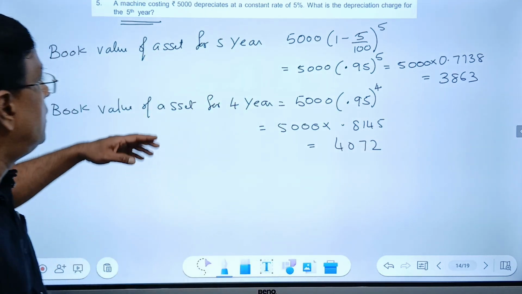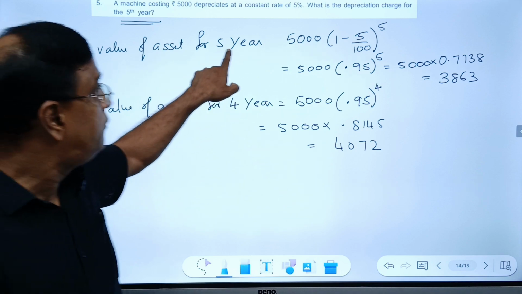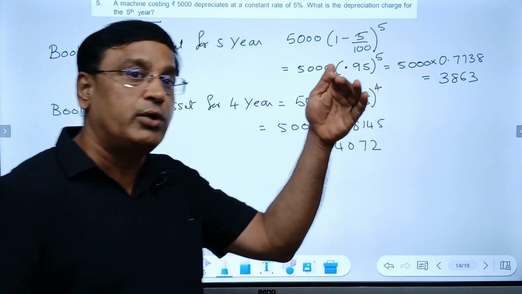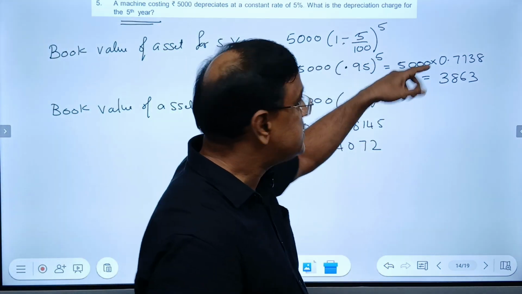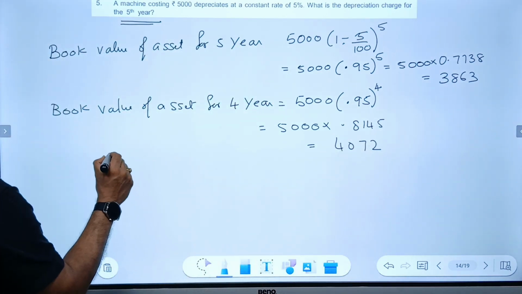See, the 4th year the amount is bigger. The 5th year the amount will be less because it is undergoing depreciation. This minus sign is depreciation. So what is the answer?